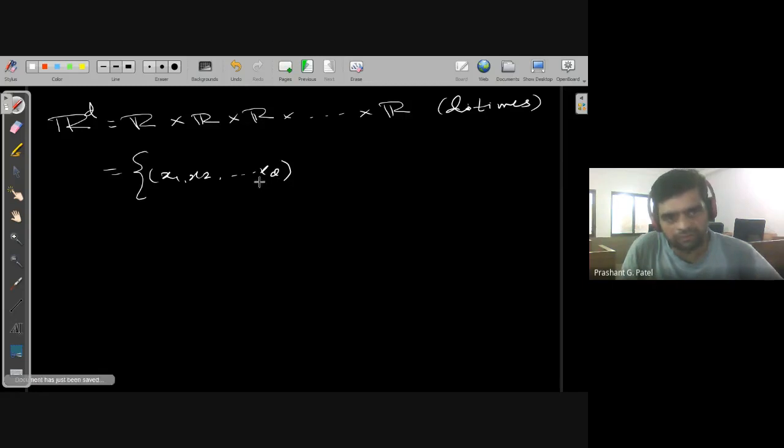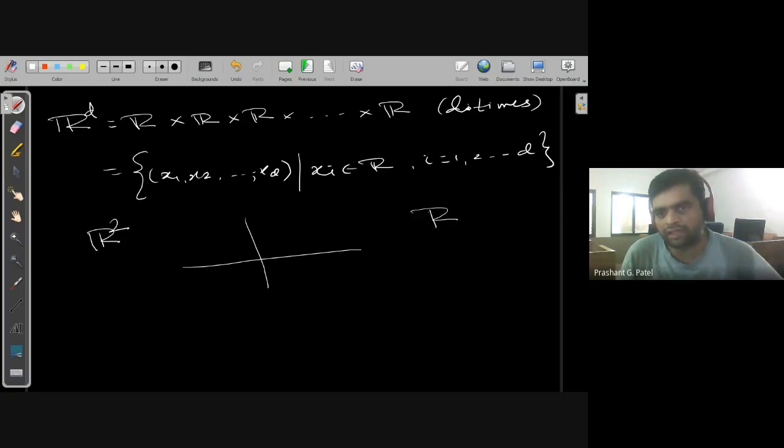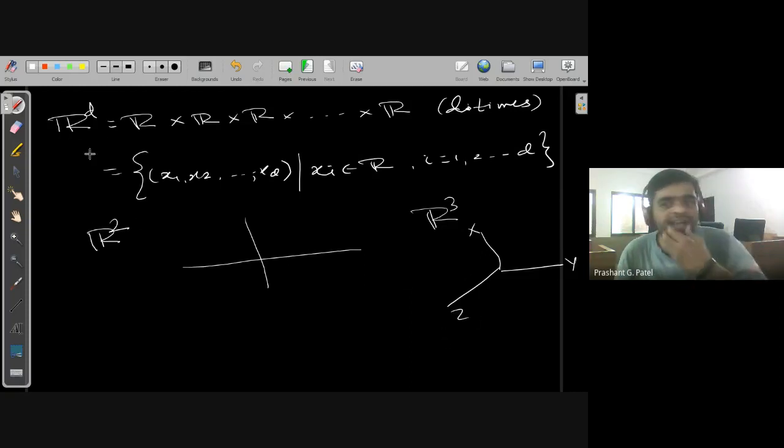This is a vector in d dimensions, where each xi belongs to R for every i running from 1 to d. So that is the d-dimensional space. For example, you have R2, which is the two-dimensional space. Then you have R3, the three-dimensional space with x-axis, y-axis, and z-axis. Likewise, this is R^d, a d-dimensional space.